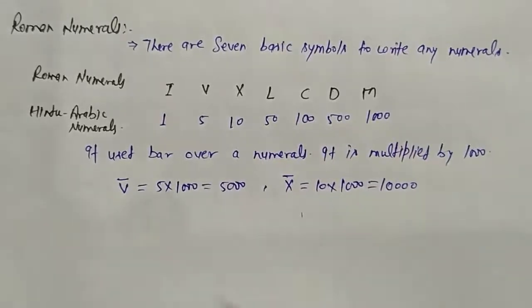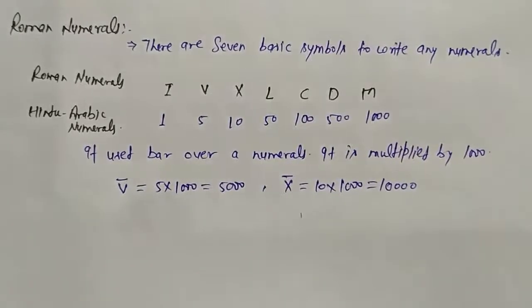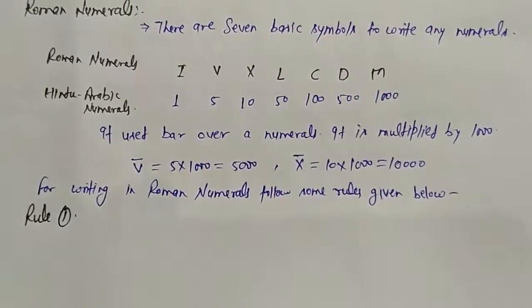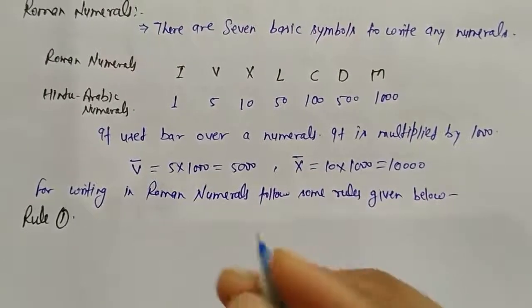For writing in Roman numerals, follow some rules. Rule number one is that repetition of a symbol means addition.